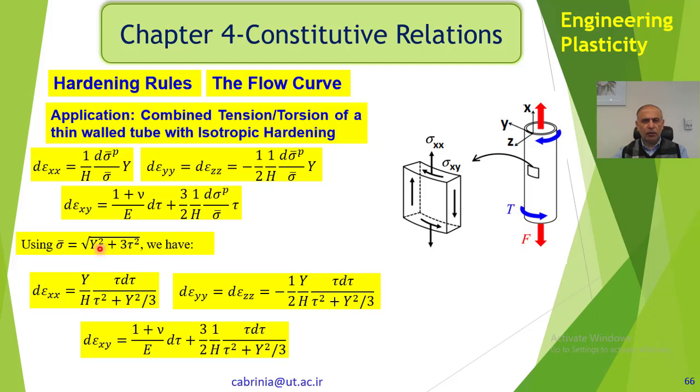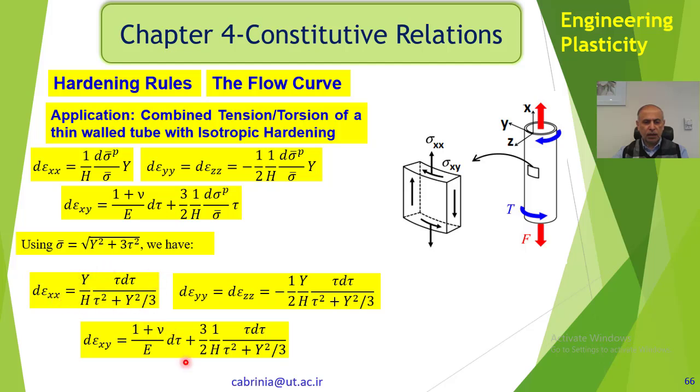Remember, this is where we started our plastic deformation. In fact, instead of sigma we put Y. We are on the initial yield, and then after that, whatever loading is increased, we go into the plastic region. So this is the effective plastic stress. If we use this and this relationship, we get the plastic strains.